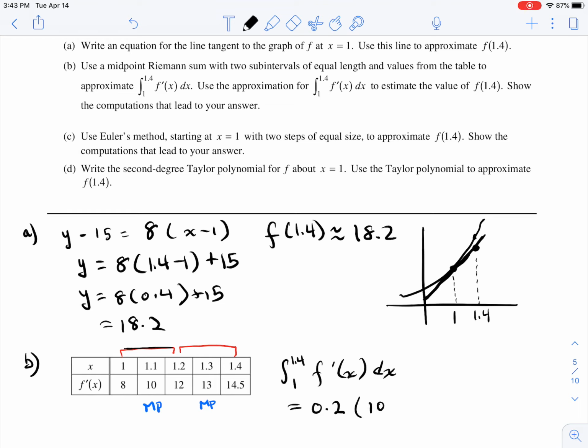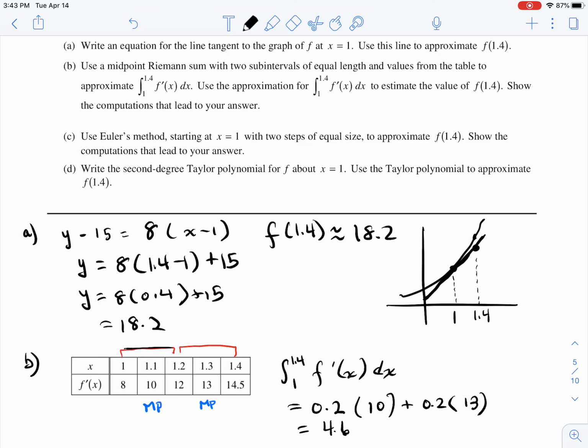You can add the other midpoint within here if you want, but just so that we can really see the two separate subintervals, I'm going to write 0.2 times the height of the second midpoint, which is going to be 13. That would give us 2 plus 2.6, so that's going to be equal to 4.6.